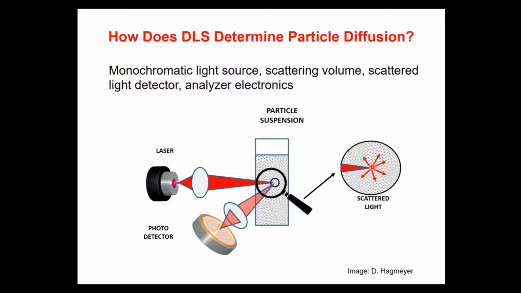A portion of that scattered light is collected through collection optics and caused to impinge upon a photodetector, where the photodetector will translate that incoming photon or set of photons to an electrical voltage, which is then recorded. The collection angle here can be totally back scattered, it can be forward scattered, it can be 90-degree scattered, or it can be a variable scattering collection angle. It depends on the implementation of DLS.